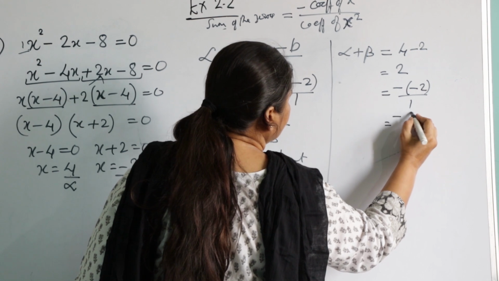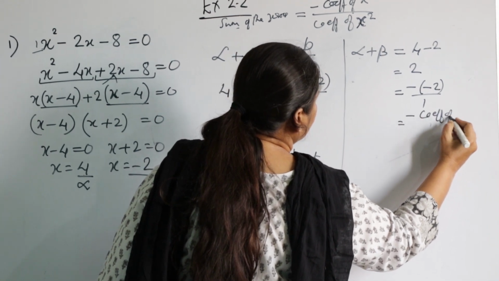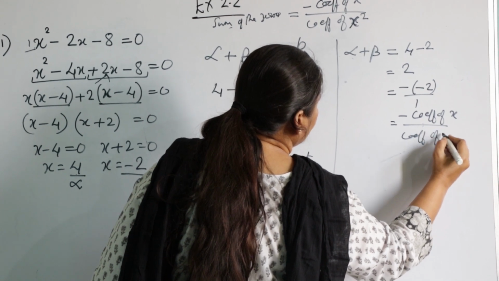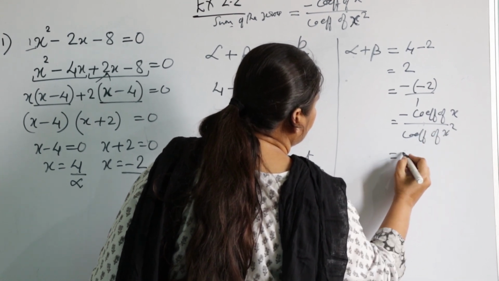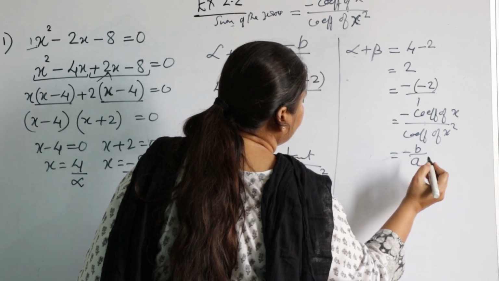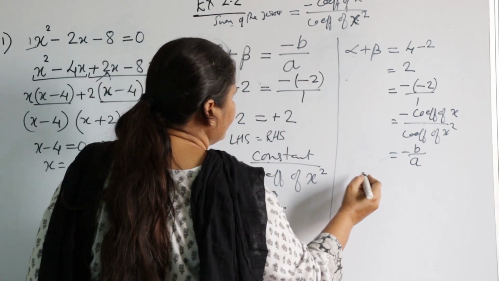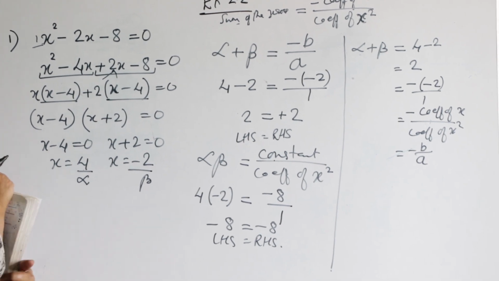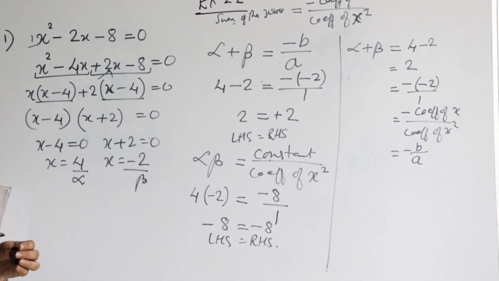Minus of coefficient of x divided by coefficient of x square, that is minus b by a. Similarly, we do for the product of the zeros also. Now let's move on to the next problem.